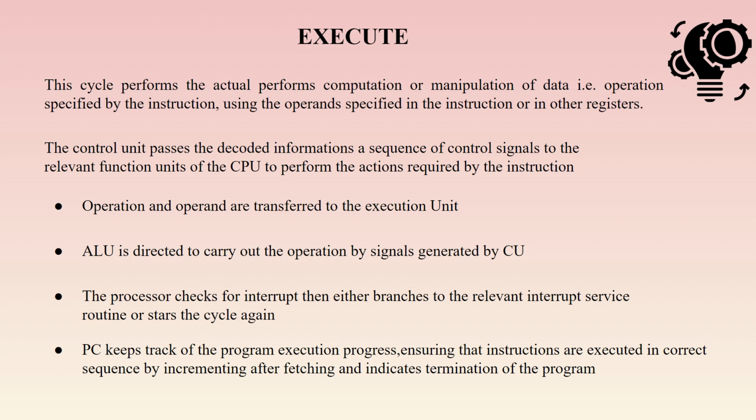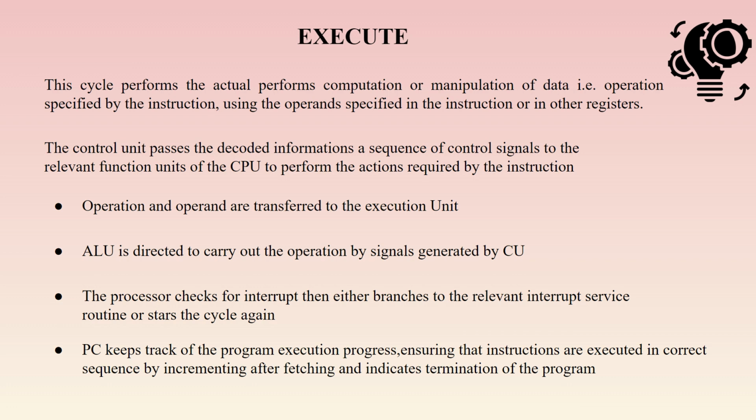Now there are some steps for the execution of an instruction. The first one is that the operation and operand are transferred to the execution unit. That means the specific operation to be performed, such as addition, subtraction or comparison, and the data on which the operation will be performed are sent to the execution unit. The second is that the ALU is directed to carry out the operation by signals generated by the control unit.